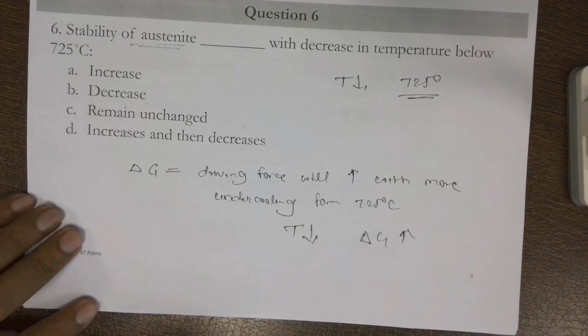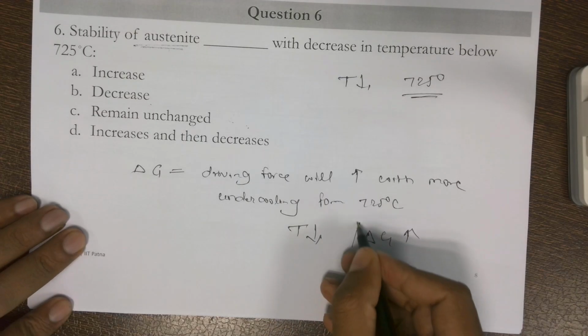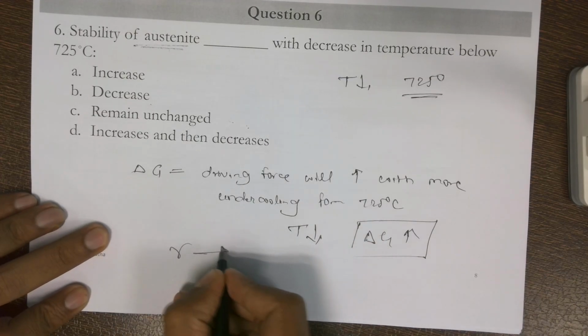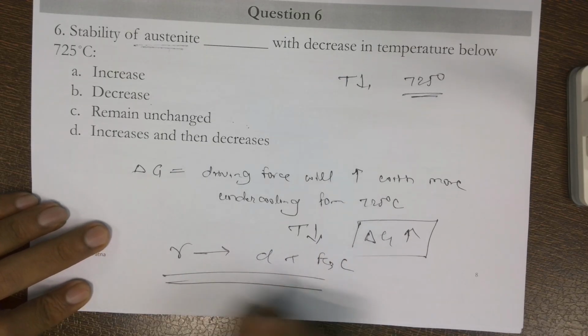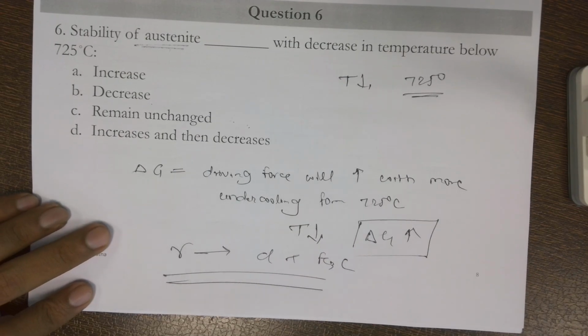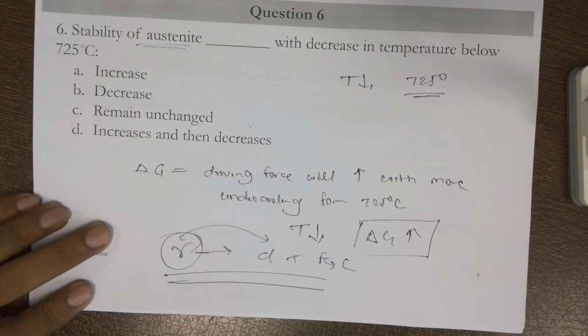So we can say that since it has more driving force to transform austenite to ferrite and cementite, the austenite is less stable. It has more tendency to form ferrite and cementite.